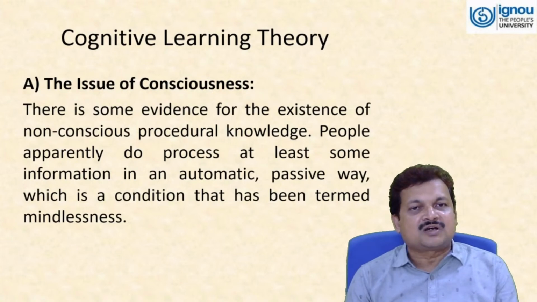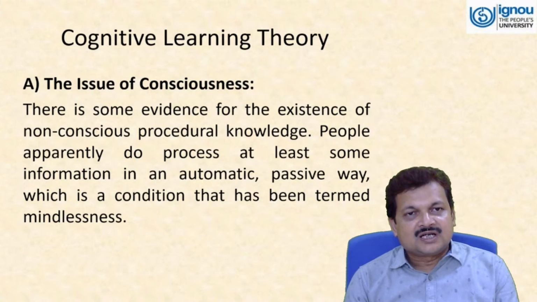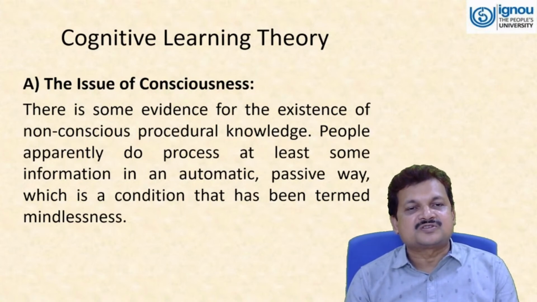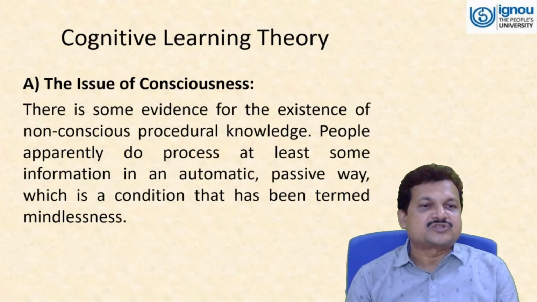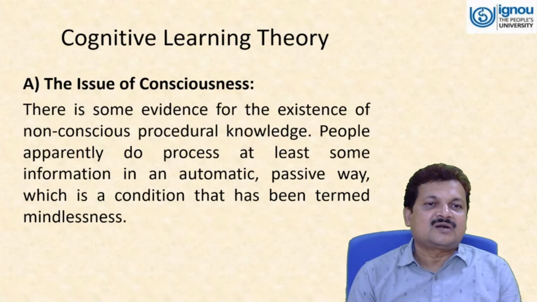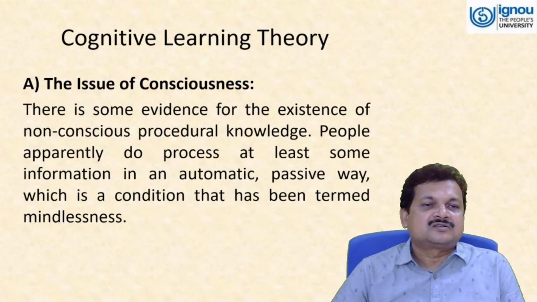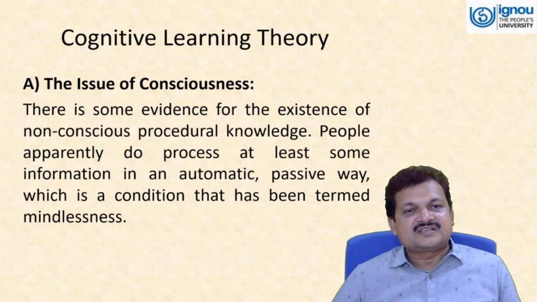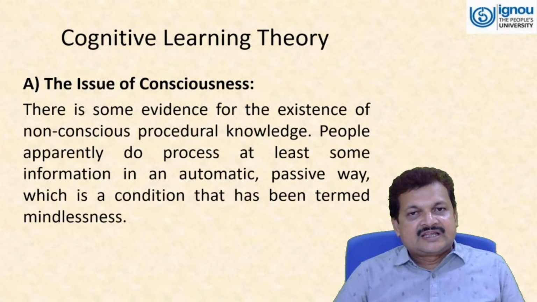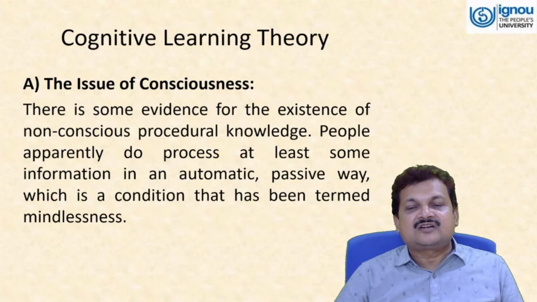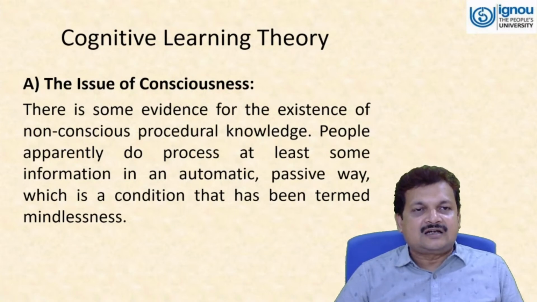Although you are learning, understanding or observing both the stimuli, you are missing part of a stimulus. That is what we call the subconscious mind not being able to respond consciously to both stimuli. So here there is some evidence of the existence of non-conscious procedural knowledge. And in conscious stages, what is happening?